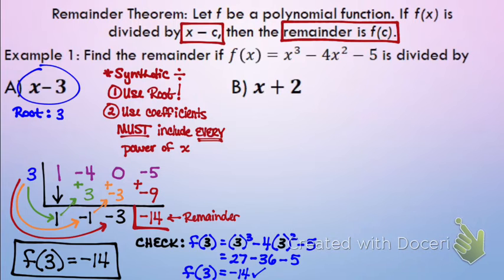So question. If the remainder theorem gives me the exact same thing as if I just substitute it in, why do we bother with this? Double checking, that is a good idea, and that's valid. But what if this was x to the 5th instead of x to the 3rd?